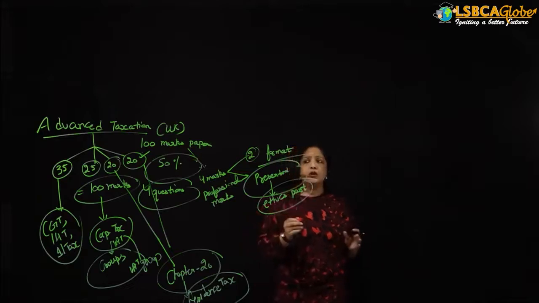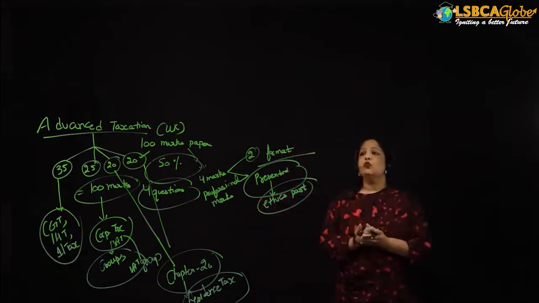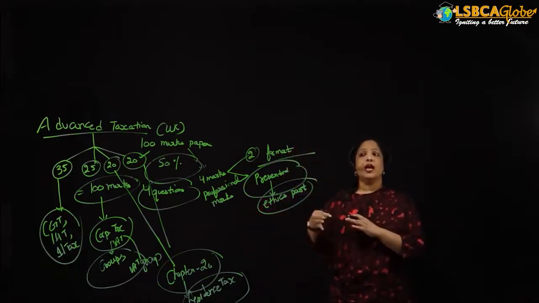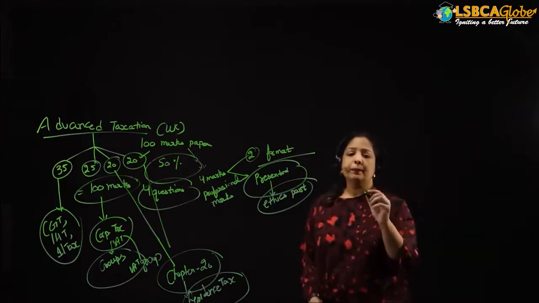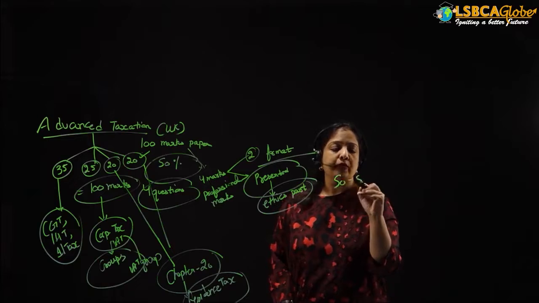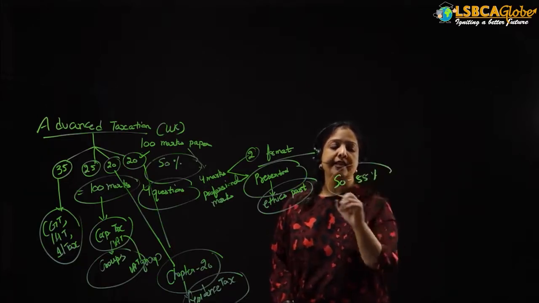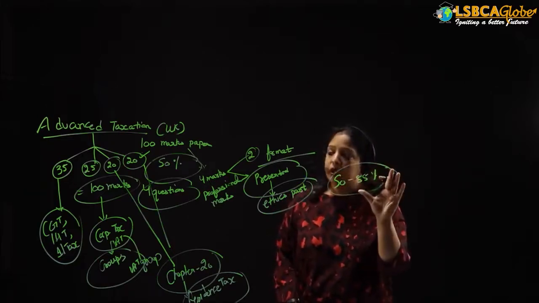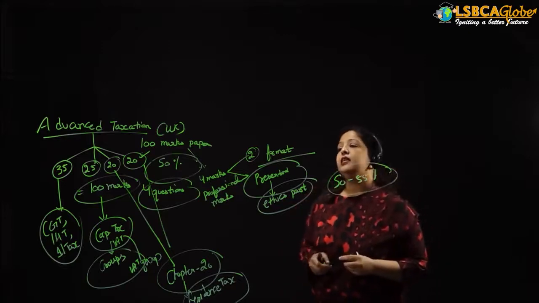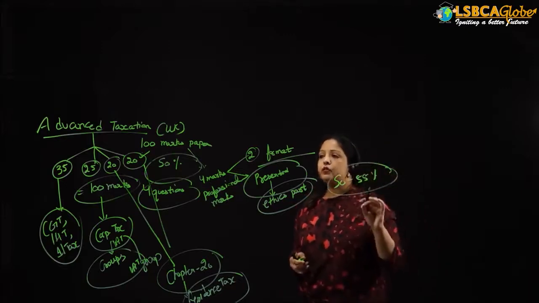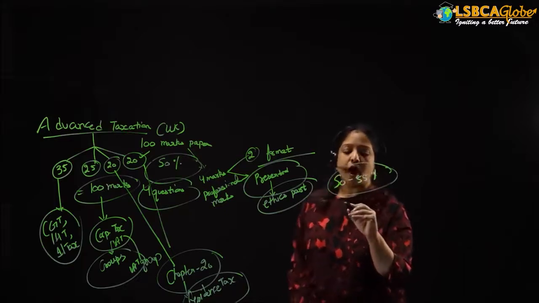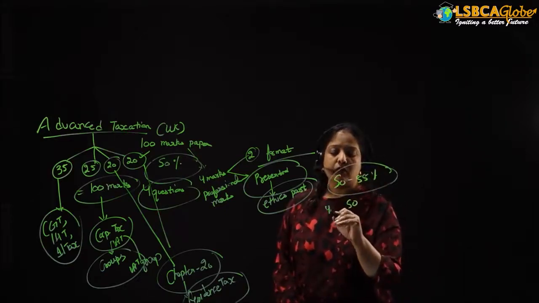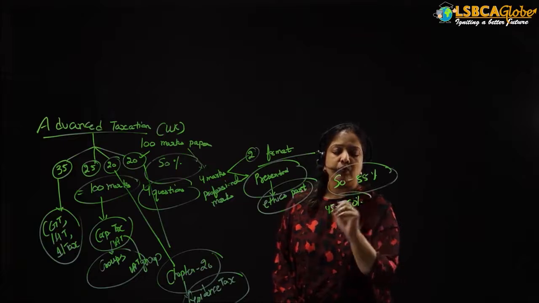Okay, so I just want to tell you what is the linkage between the UK taxation and advanced taxation class. I can say 50 to 55% syllabus is exactly the same. Whatever you have done in the applied skill level, 50 to 55% syllabus is exactly the same. It means now you have to work on just 45 to 50% more.